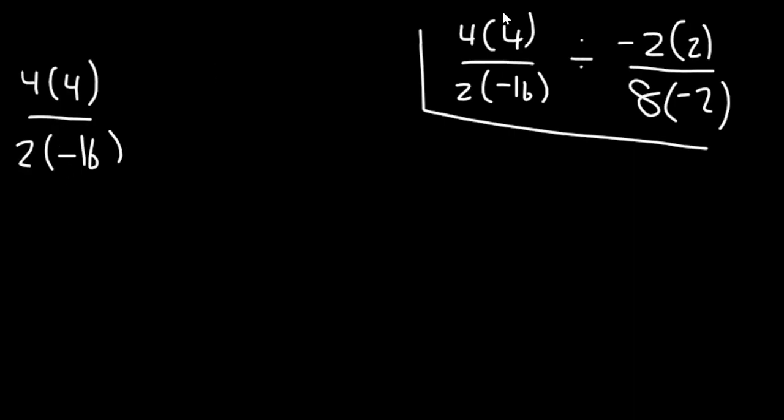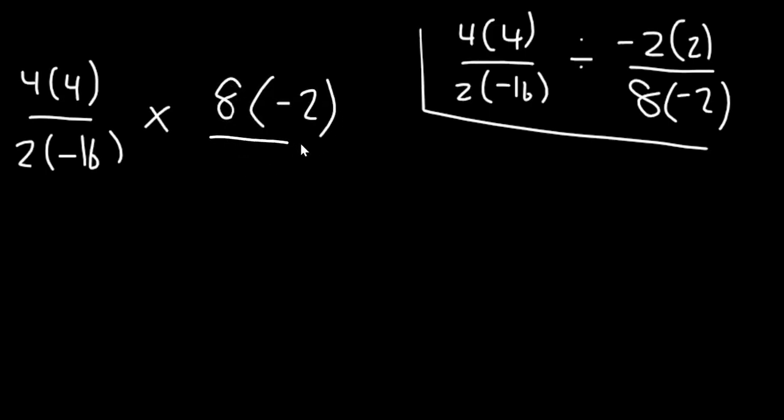We keep that first number, so this is the exact same. We change the sign, now multiplication, and then we flip this. 8 over -2, 8 times -2 divided by -2 times 2.